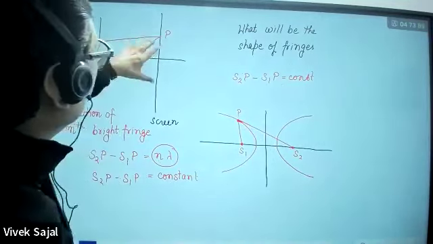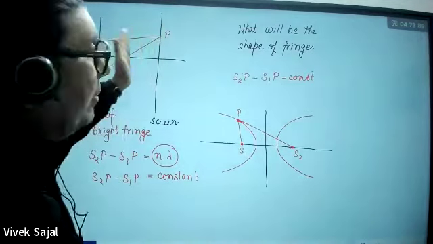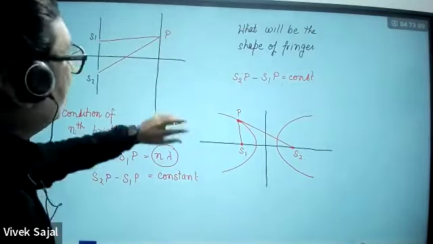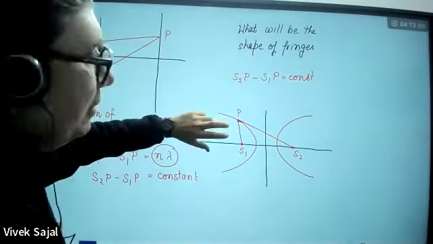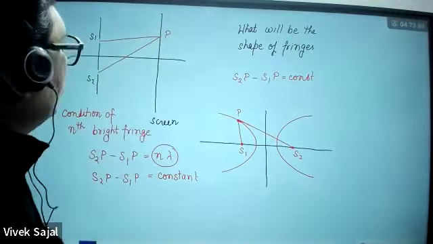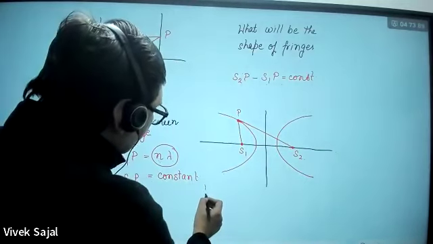But actually you know that you can place this screen here, here, here, or anywhere. These are non-localized fringes. So what will be the shape of the fringes? Actually, you have to rotate this. Please try to understand on the screen.